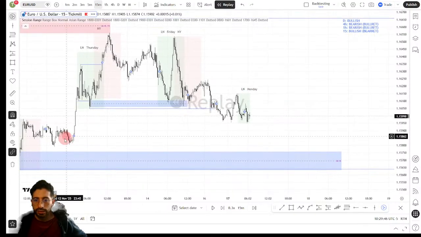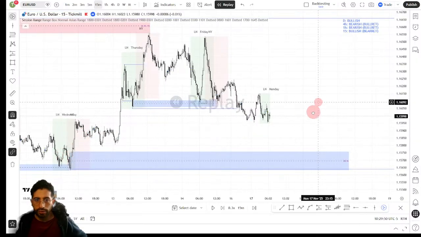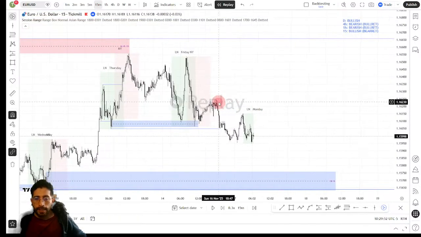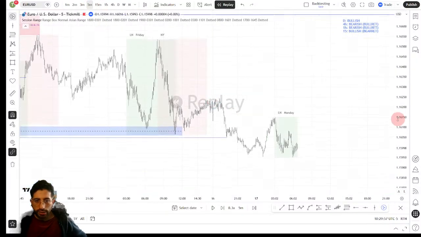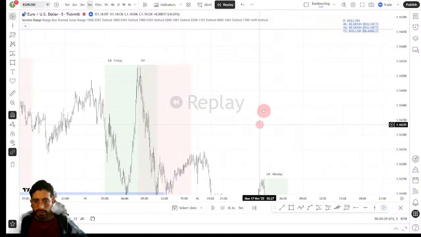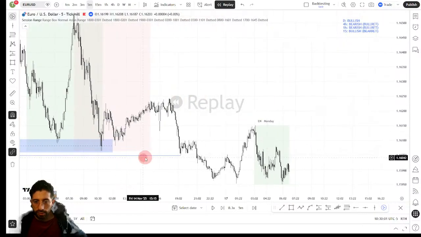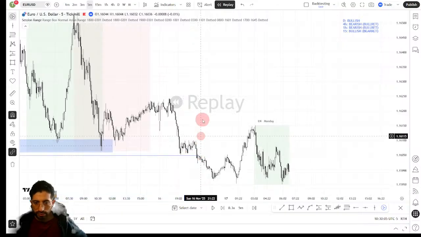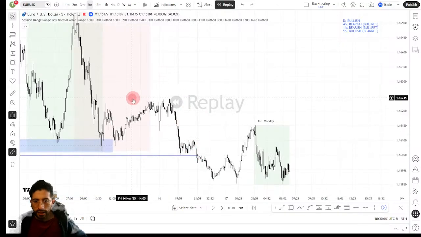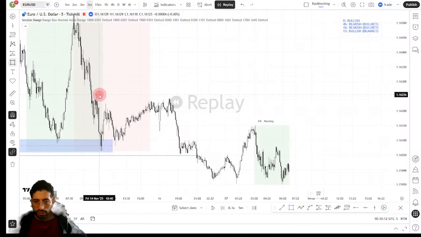So 15 minutes is still bullish. Probably it would react here or react here. We don't know yet. But in 5 minutes, and this is what you have to look at, the price has made the breakage with the body of the candle. So this was the breakage in 5 minutes. Good. And now I'm gonna try to spot the new range beginning in 5 minutes, which is this one.